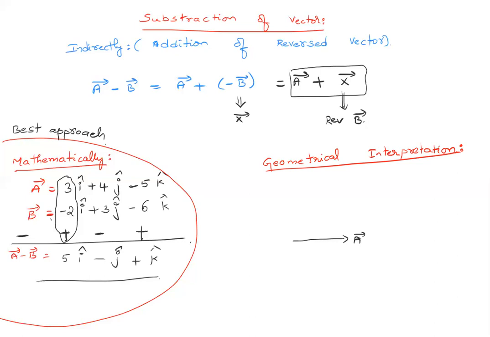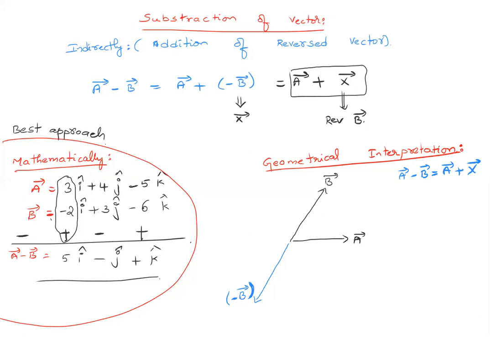if you have one more vector b bar, and if this is minus b, then what you are doing in a bar minus b bar is nothing but a bar plus x bar, where x bar is minus b bar.